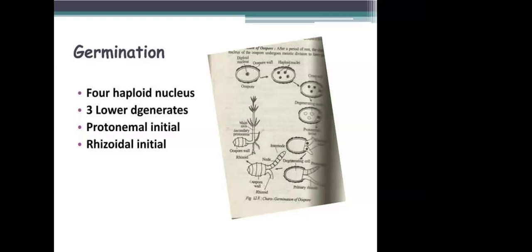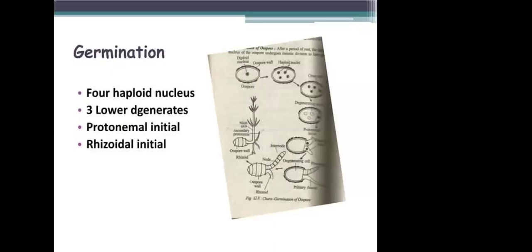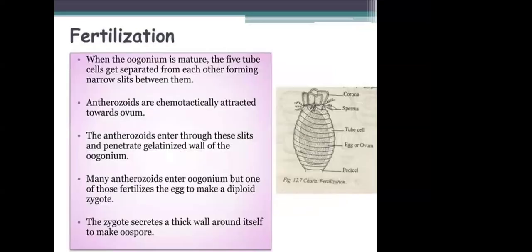The rhizoid develops from the rhizoidal initial, and the protonemal initial develops into the erect primary protonema, which later differentiates into nodes and internodes. A new adult plant develops from the primary protonema. The total life cycle of Chara is haplontic.